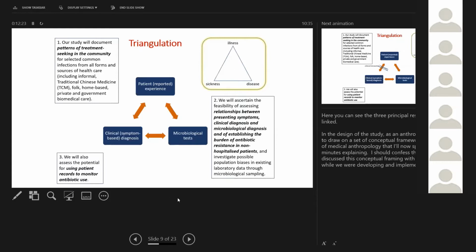Now, the links between these three dimensions are interrupted or made more problematic by forms of what we could call interference. In the case of the relationship between patient experience and clinical diagnosis, we have the clinical encounter, which may lead to miscommunication. There may be differences in interpretation between the clinician and the patient about what is actually going on.